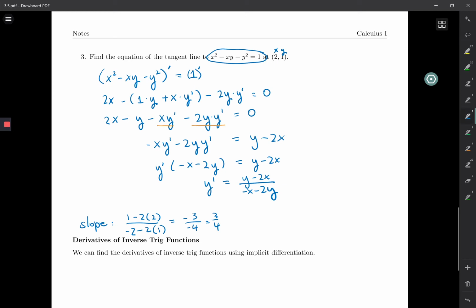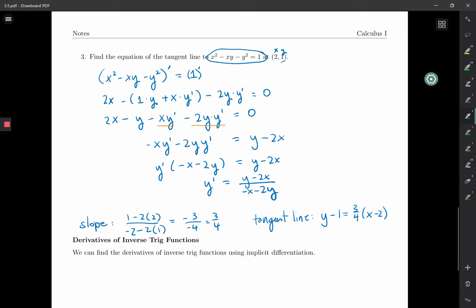So the tangent line will be y minus y1, which is 1, equals the slope 3/4 times x minus x1, so minus 2.